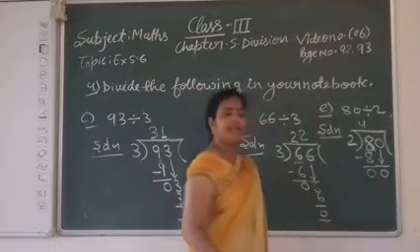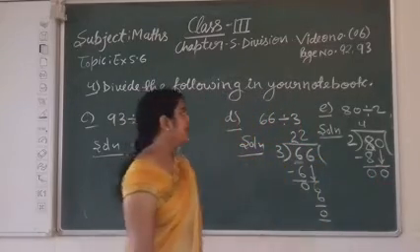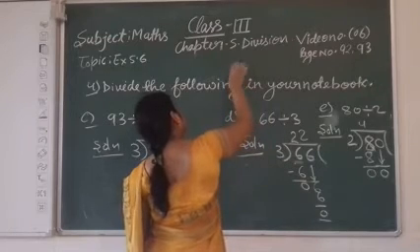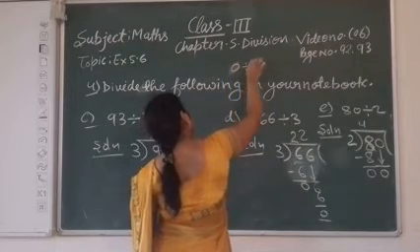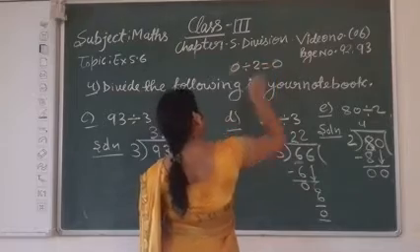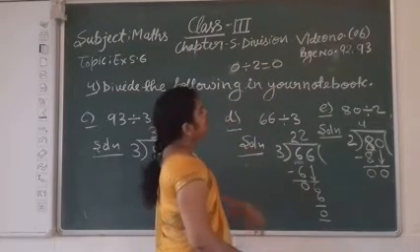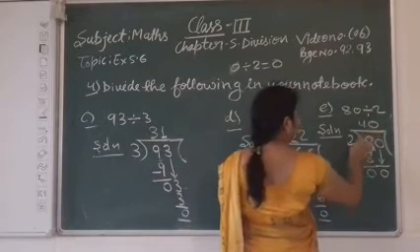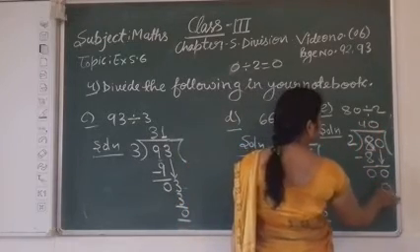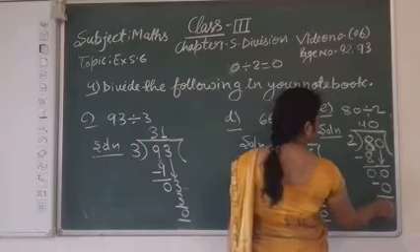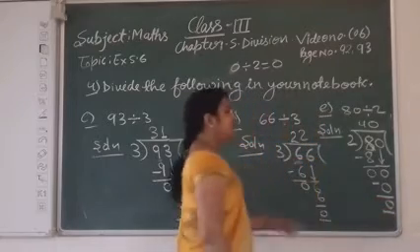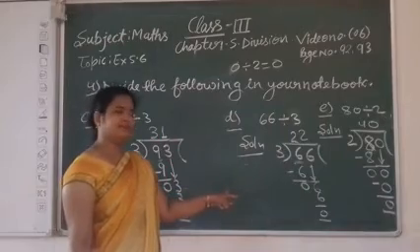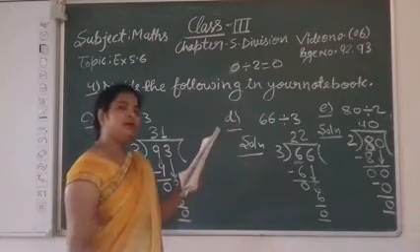You have to divide 0 by 2. And you know that 0 divided by any number is equal to 0. It means the quotient we get is 0. We will write 0. And 2 into 0 is 0. Now nothing minus nothing is 0. So 80 divided by 2: 40 is the quotient, 2 is divisor. Next part.